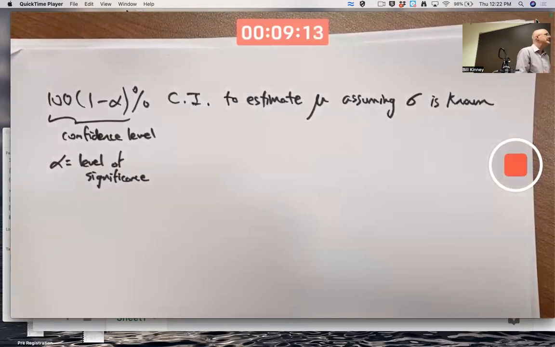It's not really realistic in most real-life applications, because if you don't know mu, why would you know sigma? In most real-life applications, you wouldn't know either one. But to keep things simple, we at first assume we know sigma.